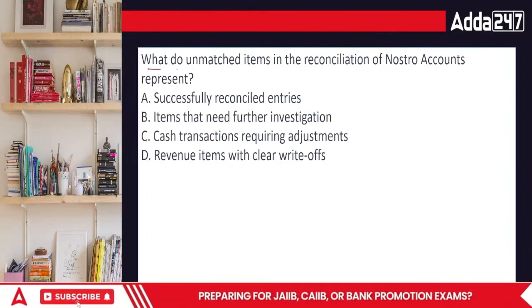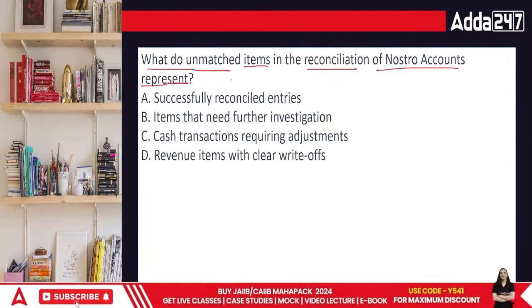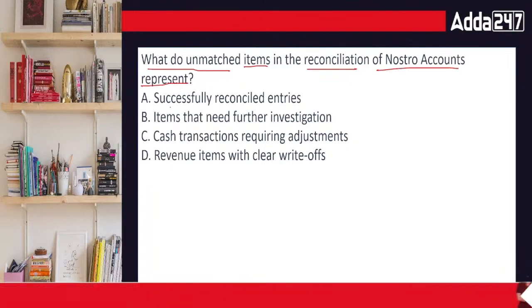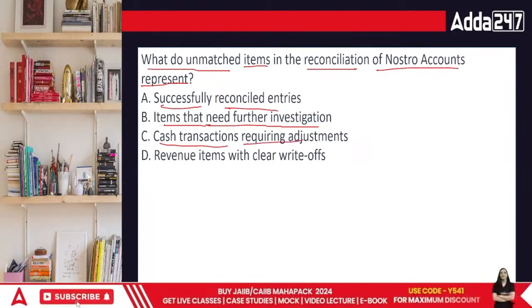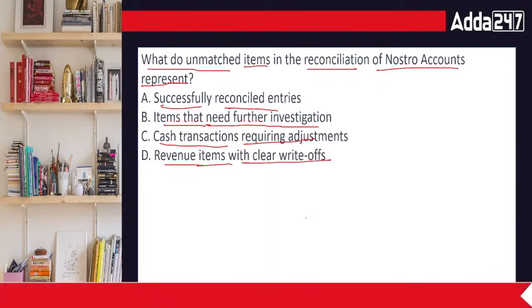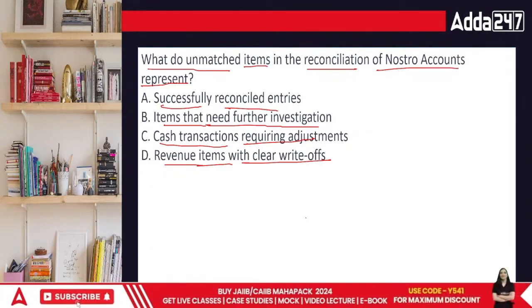What do unmatched items in reconciliation of Nostro account represent? Successfully reconciled entries, items that need further investigation, cash transactions requiring adjustments, or revenue items with clear write offs. What do unmatched items in reconciliation of Nostro represent?